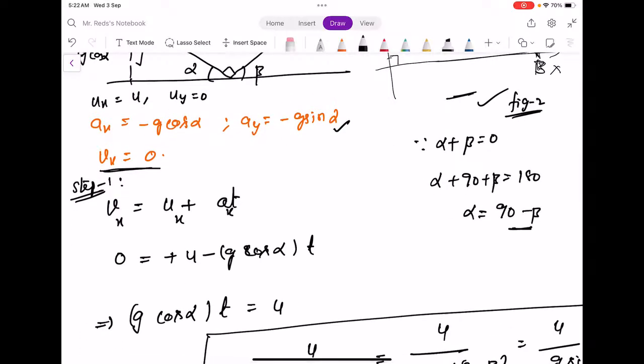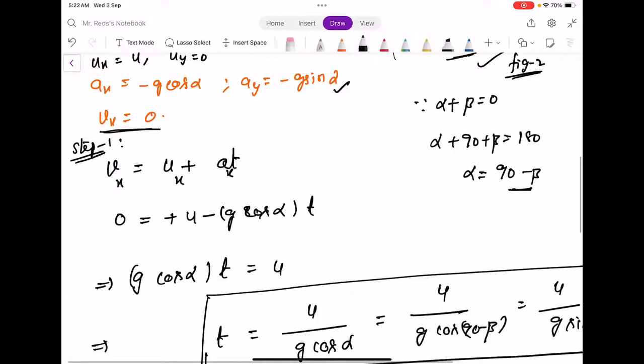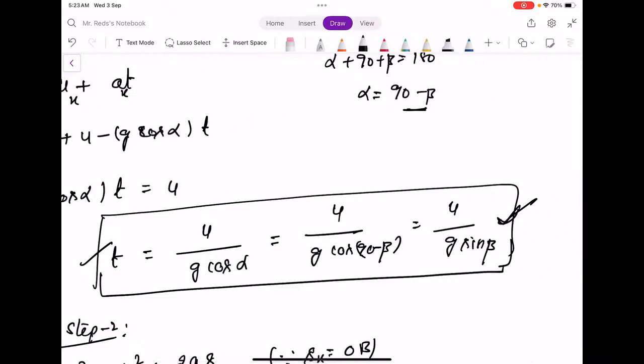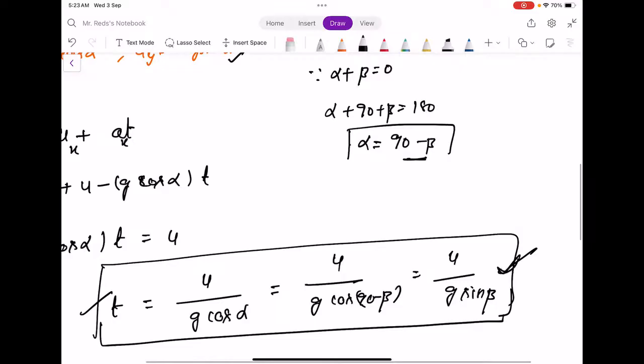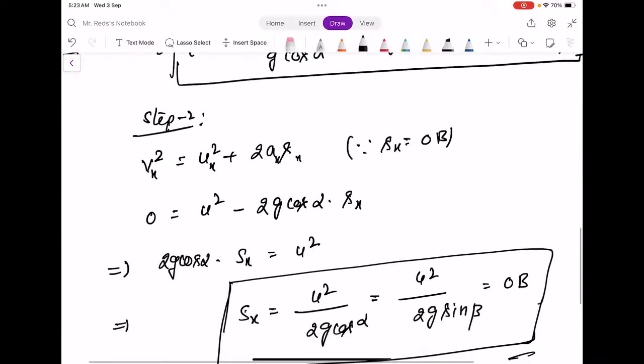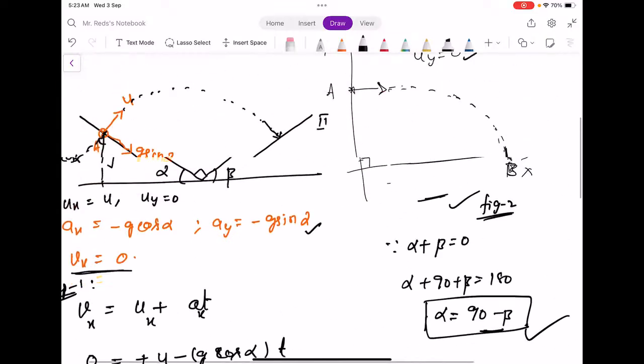Using v equal to u plus at for the x direction, as step 1, we get 0 equals u minus g cos alpha into t, so t is equal to u by g cos alpha. Here alpha is equal to 90 minus beta by symmetry, so cos alpha is equal to cos of 90 minus beta, which is sin beta. So t can also be expressed as u by g sin beta. That is step 1.